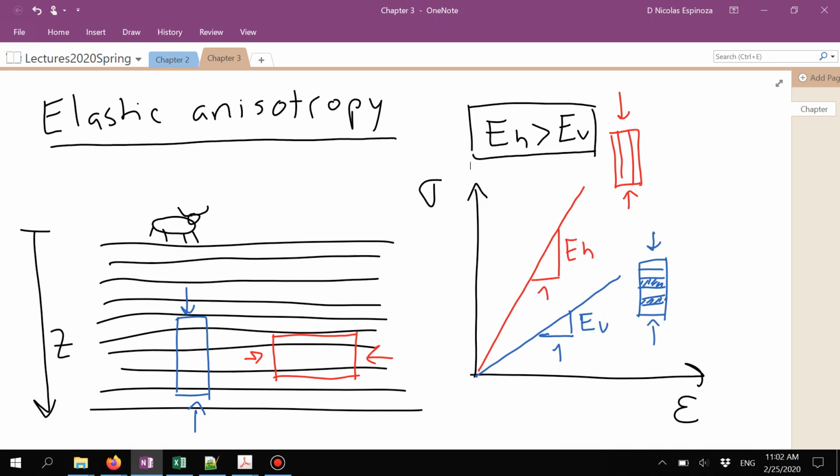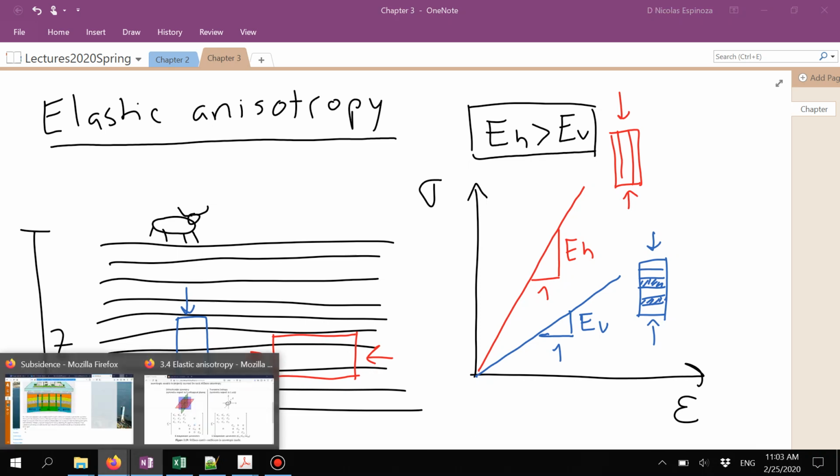I remember reading a paper whose title was something like the fatal assumption of assuming rocks are isotropic. Well, that was probably a little too extreme in saying why it would be so bad to assume isotropy, but in general, when you go to real applications, considering anisotropy would be a good idea.